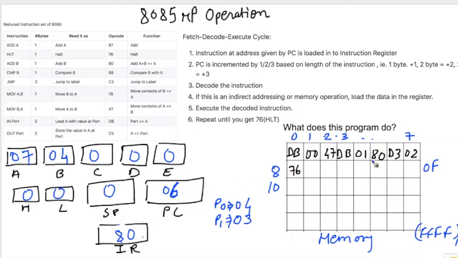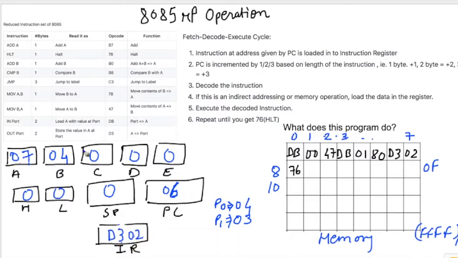At location 6 we have D3. So what's D3? D3 is OUT. Store the value of A at the port. And again it's a 2-byte instruction, so we'll load 2 bytes at a time. So D302 will go into the IR.